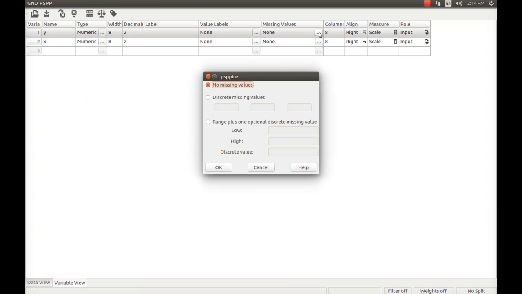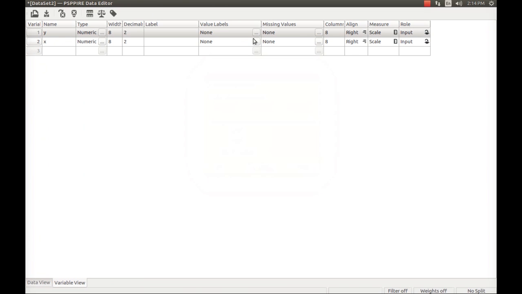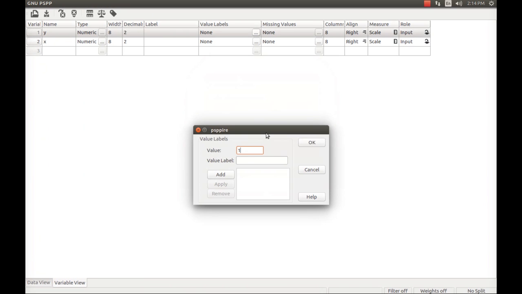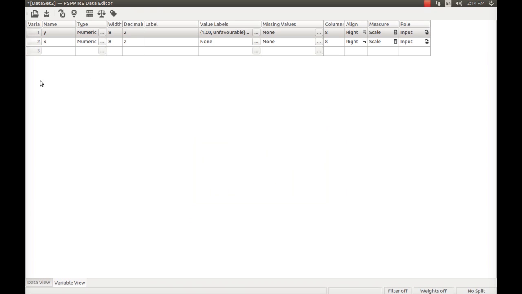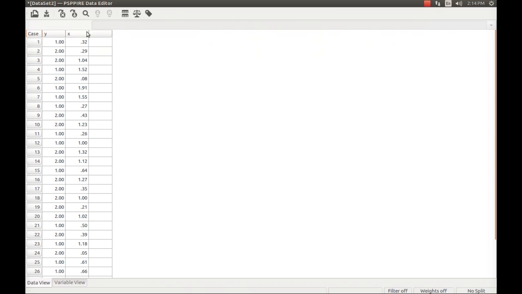There you can just assign the values where 1 stands for unfavorable and 2 stands for favorable, so that we have some meaningful context for the data, and I just leave X as it is.